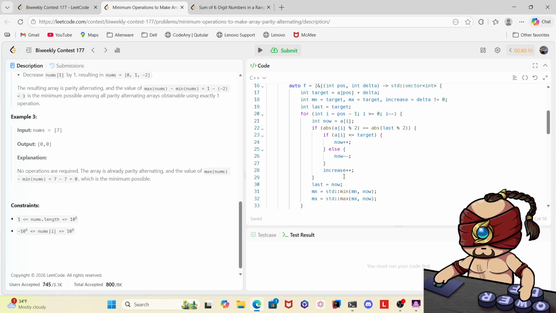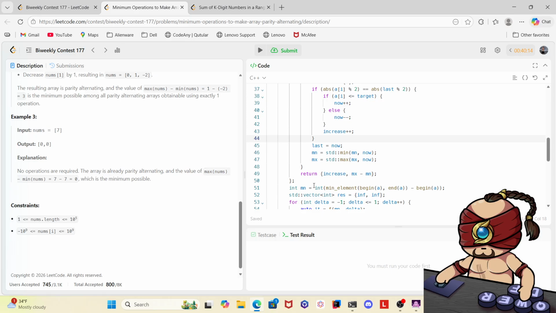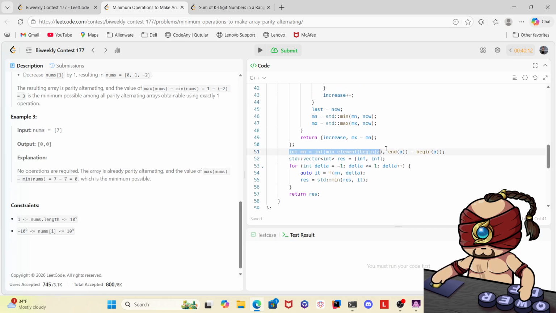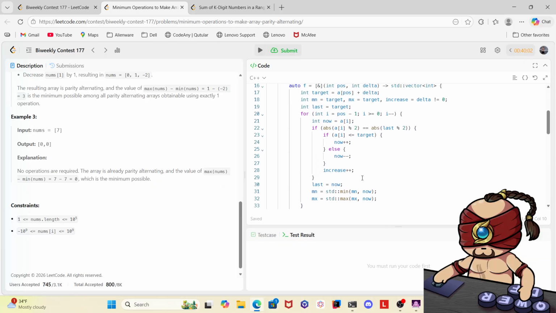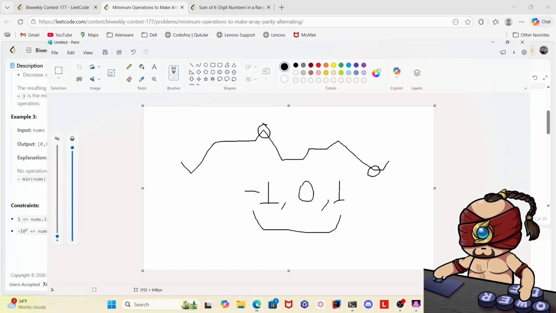Yeah, so what I did really is just find the position of the min, then we do this guy. Okay, what this f function is doing is take the target from this position, this minimum extreme, basically.